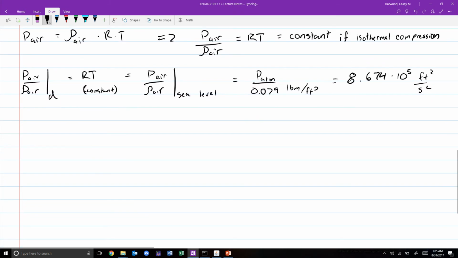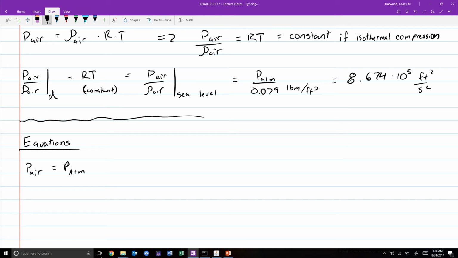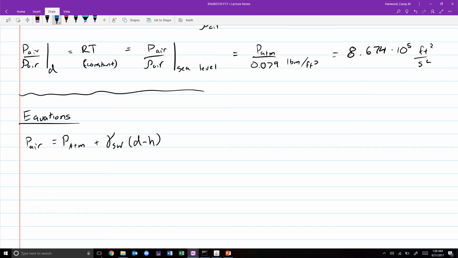So where does this leave us? Let's go ahead and do sort of a roll call of our equations and unknowns. How many equations do we actually possess at this point? We have our hydrostatic equation, which says that P air is equal to P atmospheric plus gamma seawater times D minus H. So there's number 1.